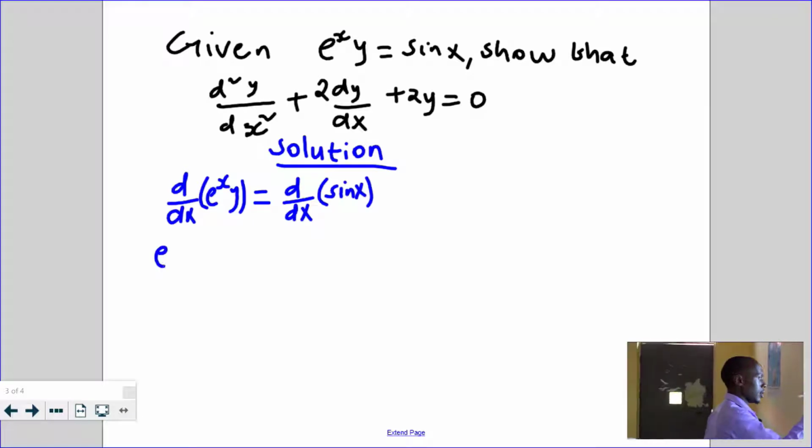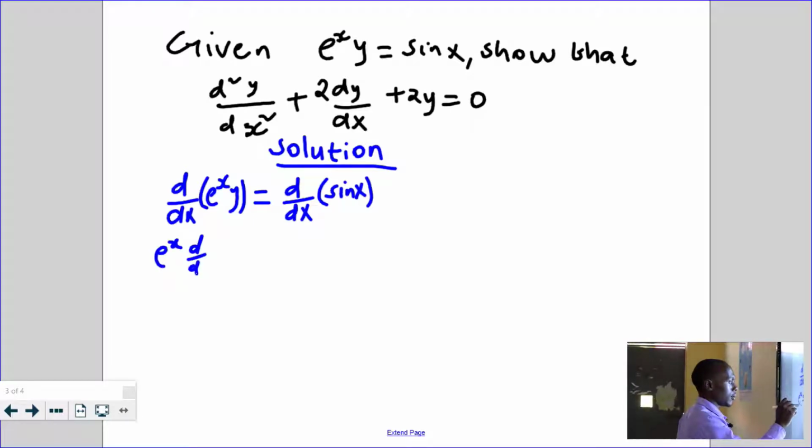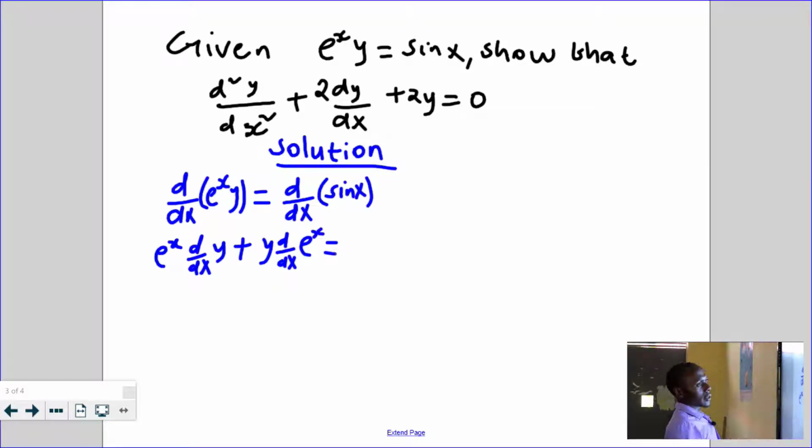Now differentiate this one, we know that this e^x, you hold one and then you differentiate the other one, then d/dx of y, then plus y, then d/dx of e^x. Then of course differentiating sin, we simply obtain cos x.